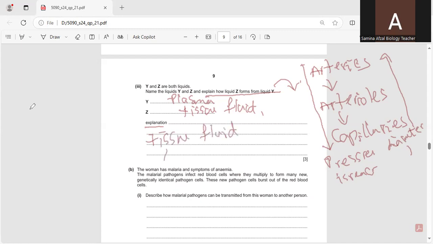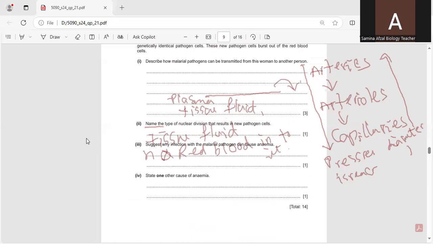It doesn't have red blood cells. No red blood cells are present in it. And so in this way, both of them are different from one another. We will move towards the next question.